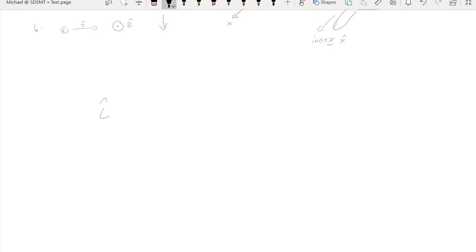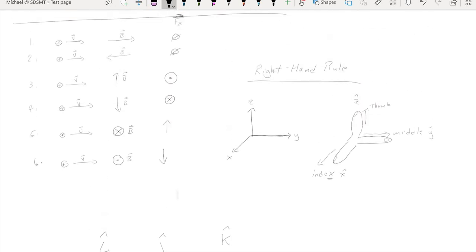And a vector can either have i hat, j hat, or k hat components, and that's it. Okay, we could have all 3, but we can separate those components into i, j, k. And what we want to do is we want to see what happens if we take a cross product between different combinations of these components, because that's really what we're doing up here.